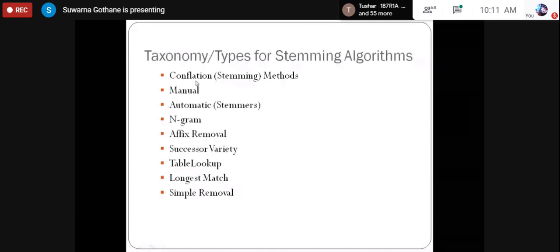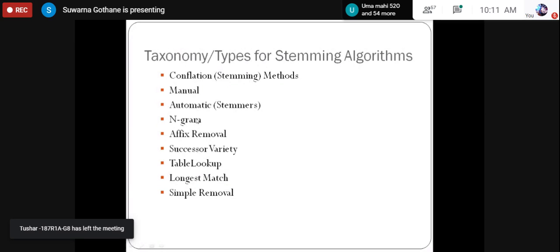For that there are conflation techniques: manual, automatic, n-gram, affix removal, successor variety, table lookup, longest match and simple removal. These are the types of stemming algorithms. Have a look at this. Out of these, some of the stemming algorithms we are going to cover.